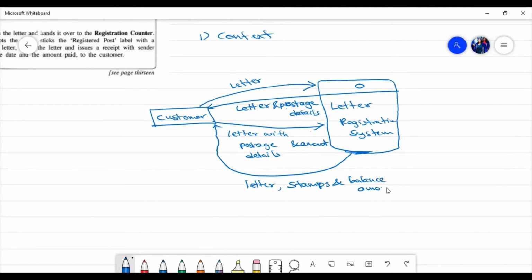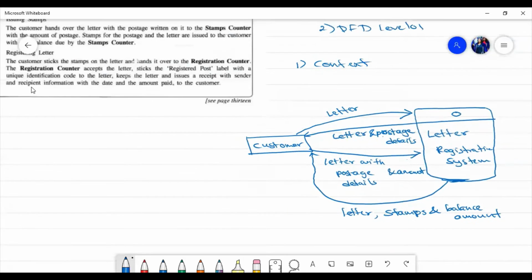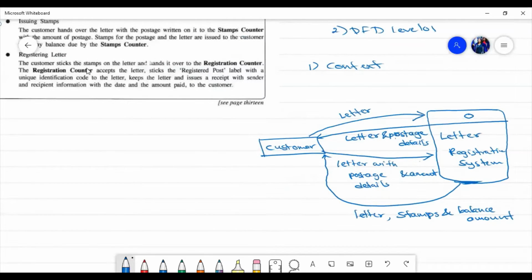The system gives it back. And then the customer sticks the stamps on the letter and hands it over to the registration counter. Again, the customer will give a letter with pasted stamps.